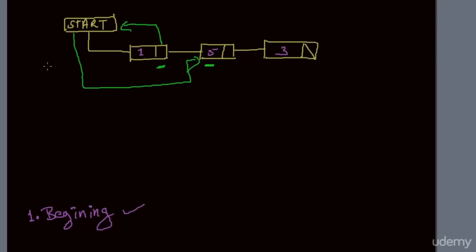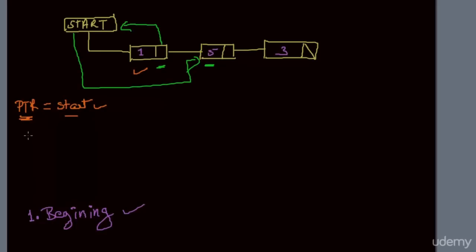Now how can we achieve this programmatically? First step would be to take a temporary variable, for example ptr, and store the value of start in it. Why would it be required? Because the value of start would get replaced, and later on we would require this address to free up or delete the first node.